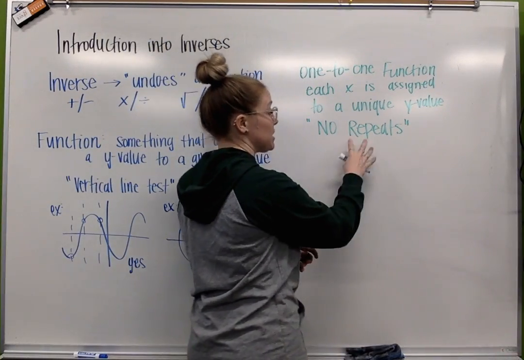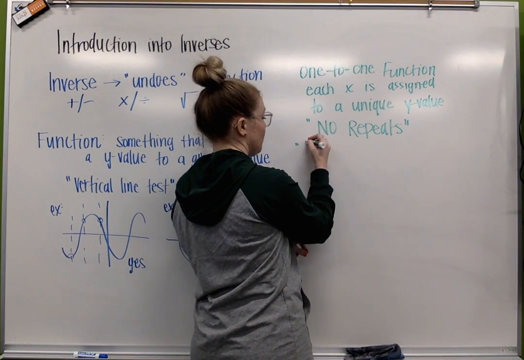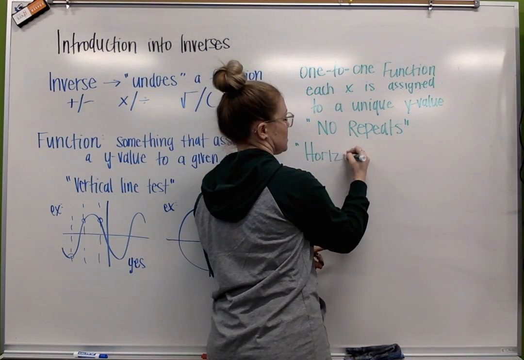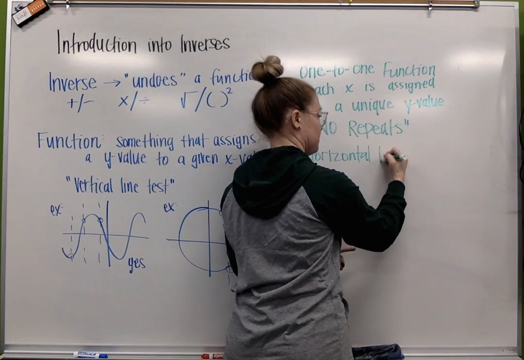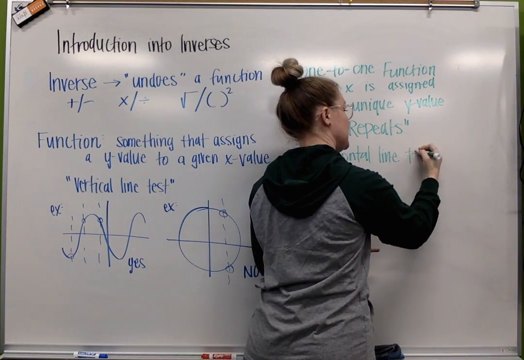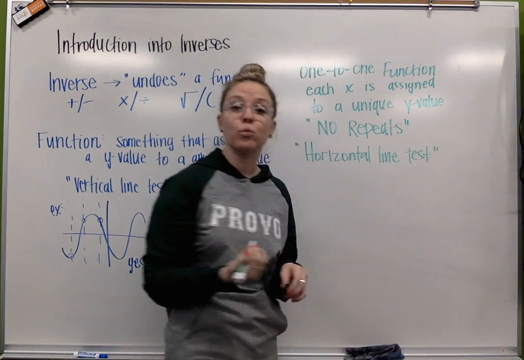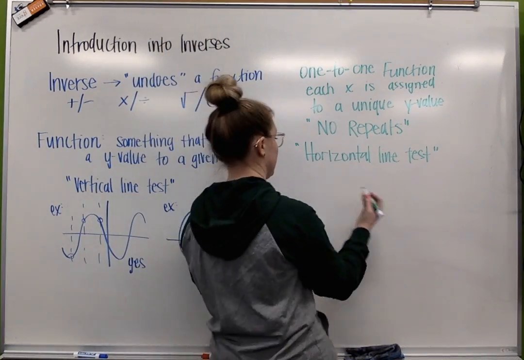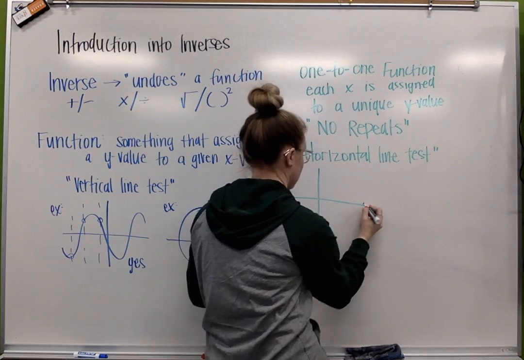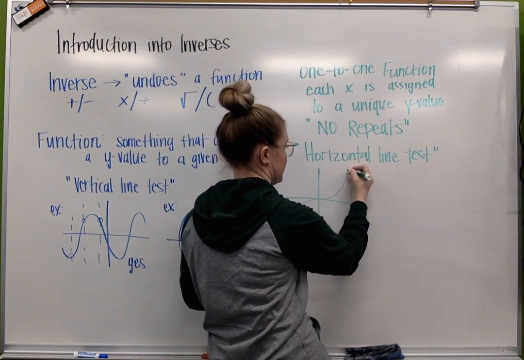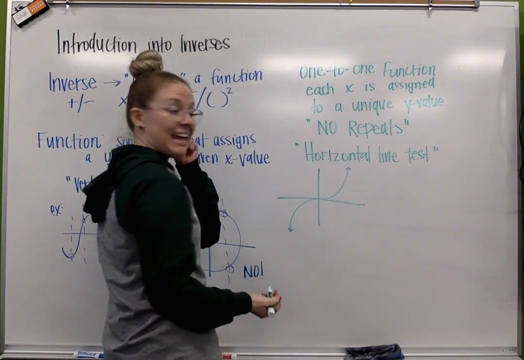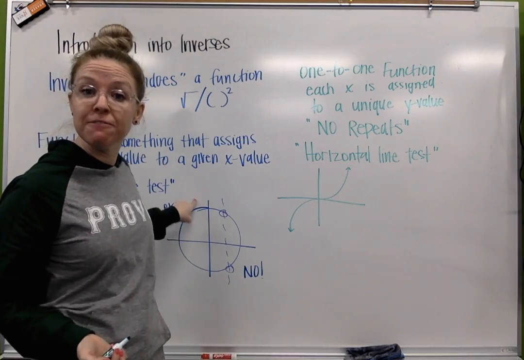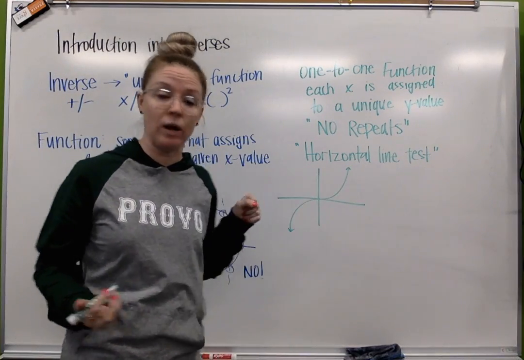To test if something's a one-to-one function, we're going to use the horizontal line test. The horizontal line test will check for any repeated y values. Let's take a look at an example here. If I come in with this graph, it is a function. It has to be a function before it can be a one-to-one function.